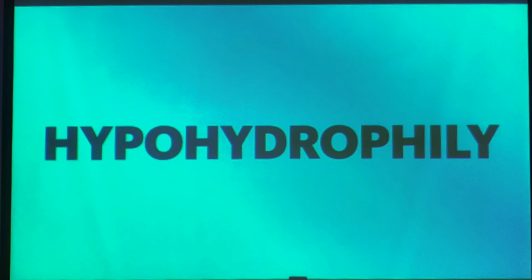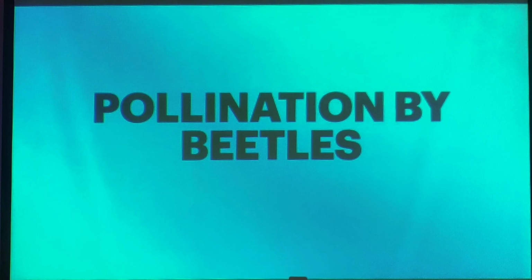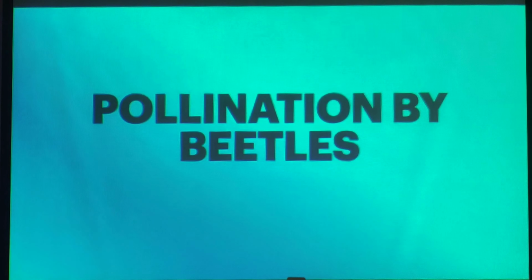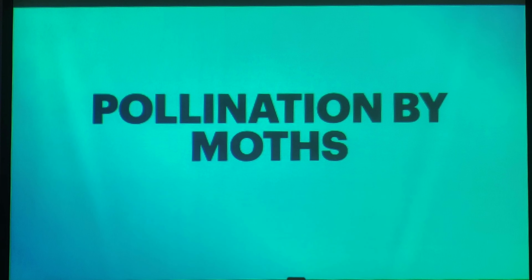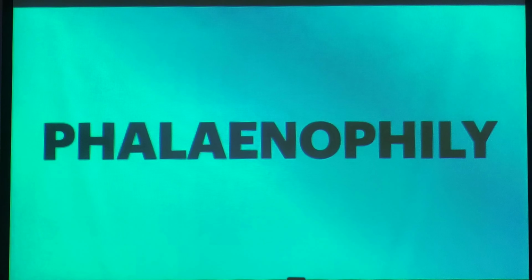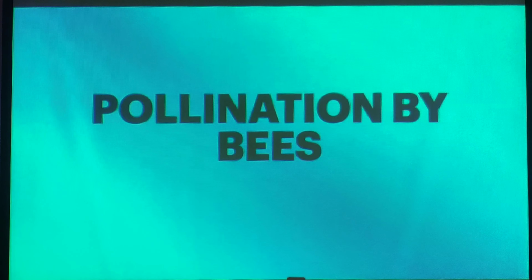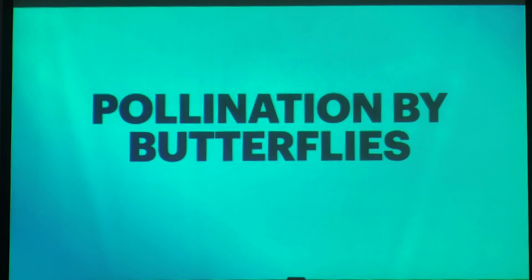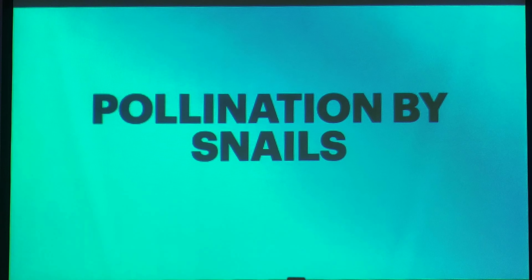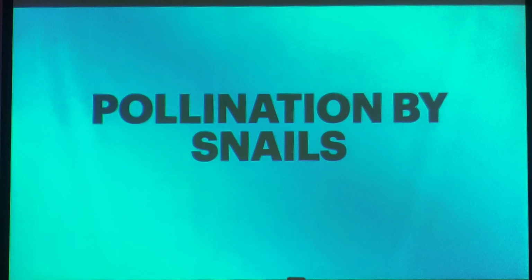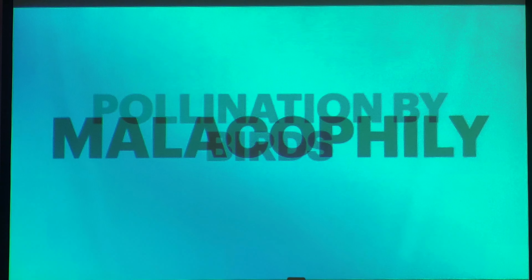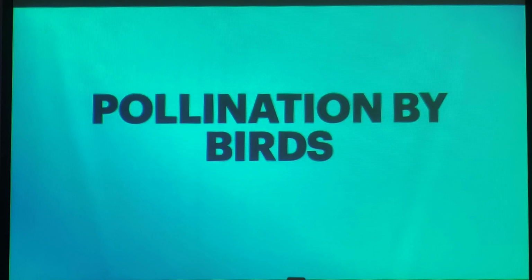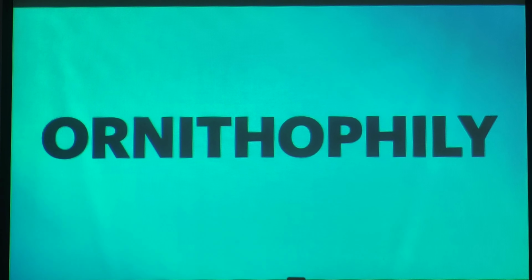In which pollinated flowers the pollen grains are long and needle-like? Hydrophily, hypohydrophily. Pollination by beetles is called Cantharophily. Pollination by moths is called Phalaenophily. Pollination by bees is called Melittophily. Pollination by butterflies is called Psychophily. Pollination by snails is called Malacophily. Pollination by birds is called Ornithophily.